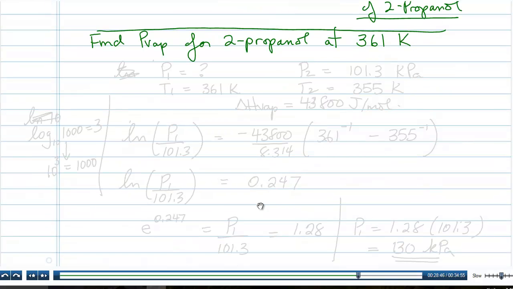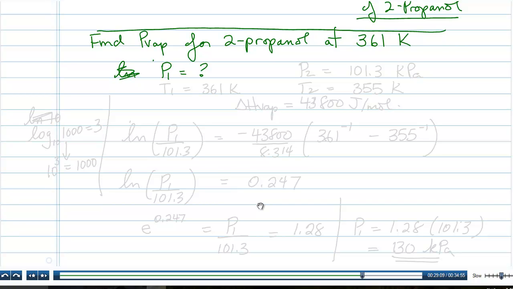So what we'll do here is set up our equation again, the natural log of P1 over P2. Sorry, let me back up. I'll list some variables here. P1, it doesn't matter whether you use a value from the data table for P1 or if we let the unknown be P1.